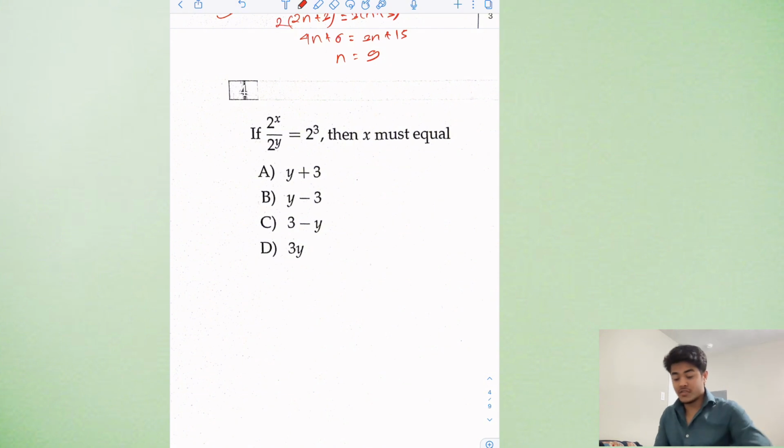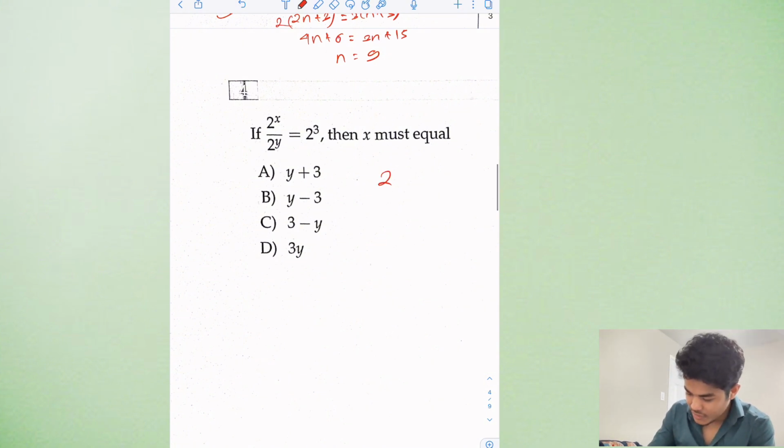And let's go to question number 4. If 2 raised to x over 2 raised to y is equal to 2 cubed, then x must equal what? All right, so we need to find the equation here.